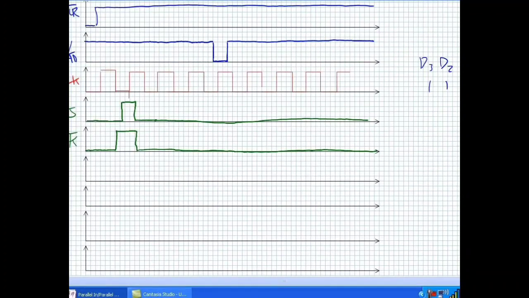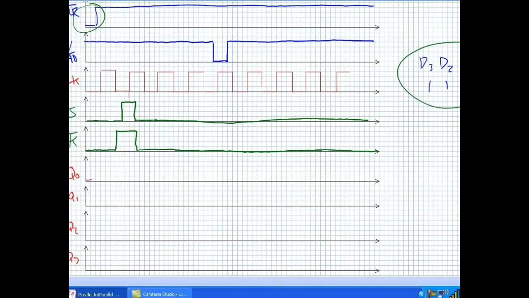Okay, so we are starting off. What are we starting off with here? First off, we got these guys hanging out here on the data inputs. D3, D2, D1, D0 has 1, 1, 0, 1 on it. Okay, and we are starting off with active low clear right here. So what are our outputs? Q0, Q1, Q2, Q3.